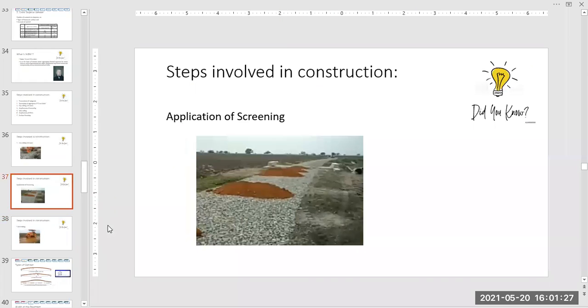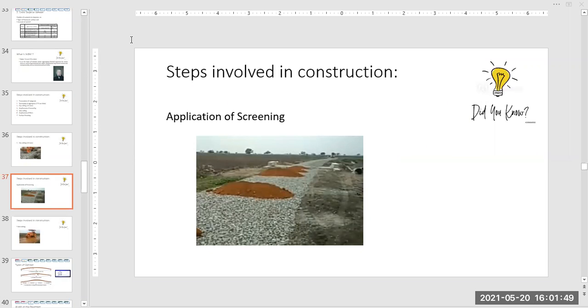Here they apply layer by layer and then compact. But when we talk about wet mix macadam, they mix everything at the plant and then put it on the road, like cement concrete roads. They are called wet mix macadam.